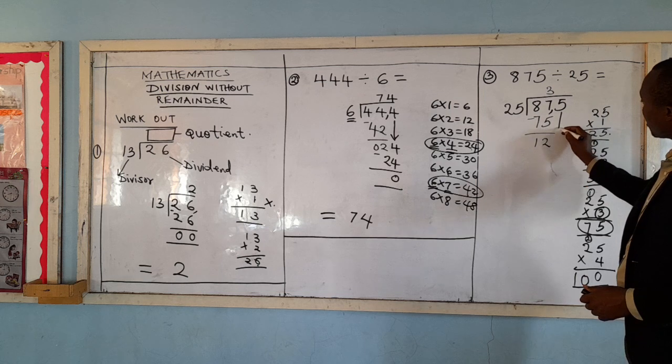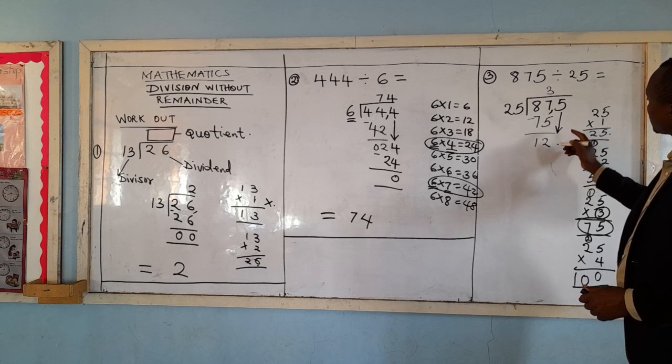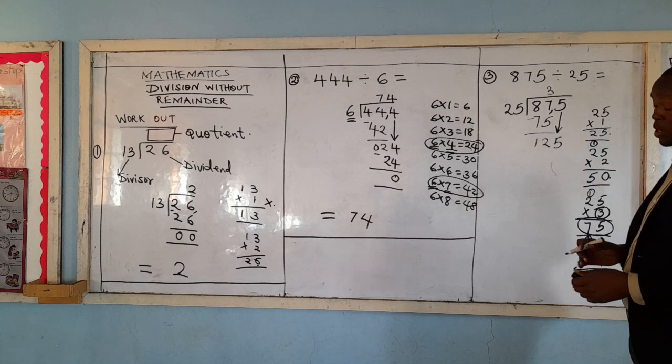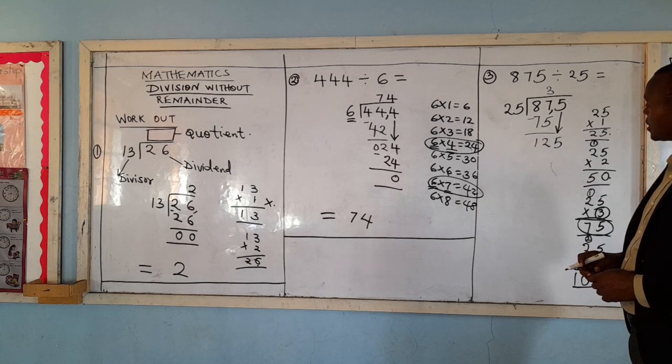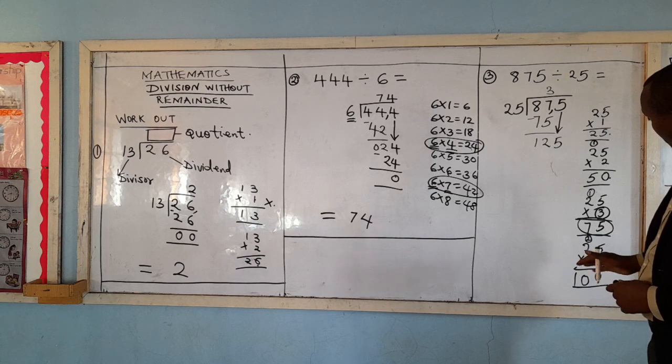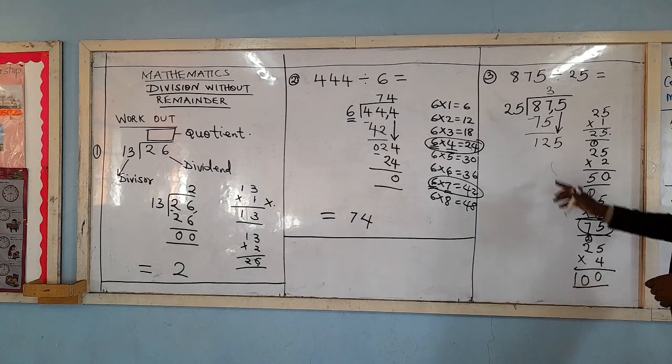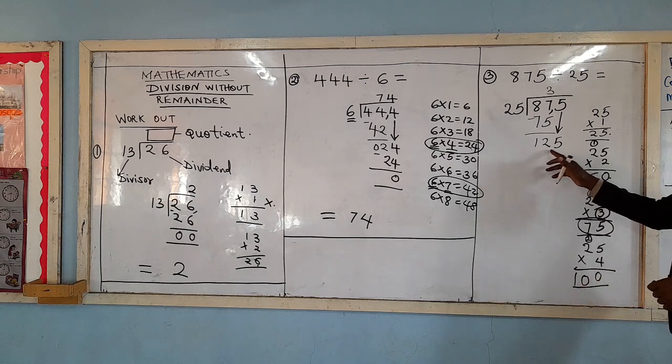Then remember that you have this 5, we drop it into the game. We are almost finishing this. Now, here we found out that 25 times 4 is 100. And the number formed here is 125 after dropping the 5.